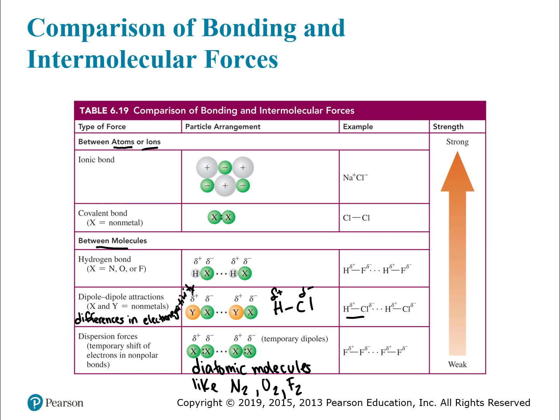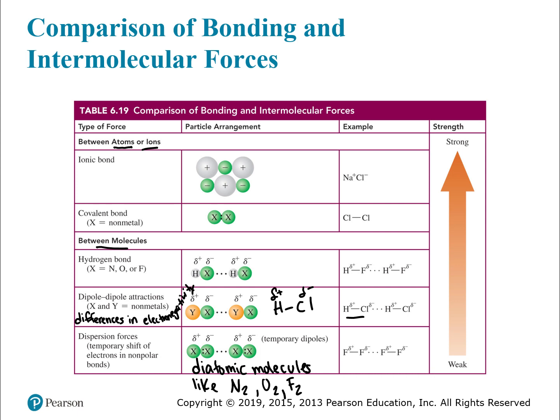So within the molecule, you've got a difference in electronegativity that causes a partial positive on one end and a partial negative on the other. With dispersion forces, we're really just talking about temporary dipoles where a molecule knocks into another one and it shakes some electrons over one way and the nucleus another way. So very slight differences in the definitions of these two different forces, but you need to understand the difference.